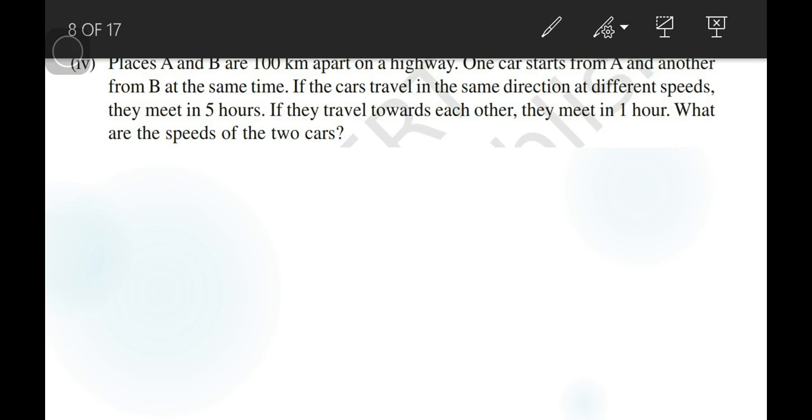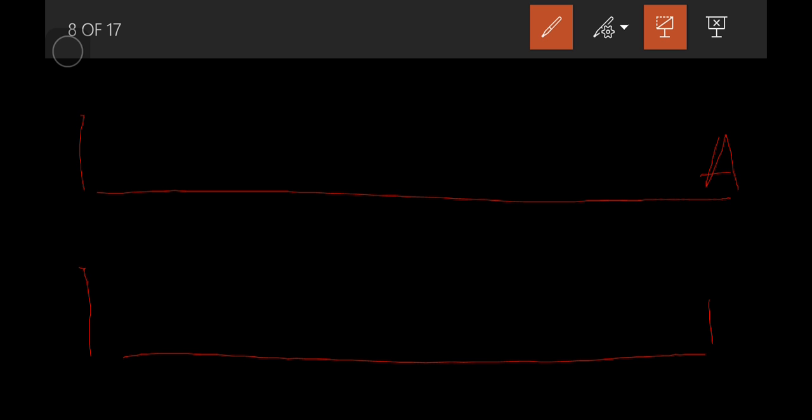So here is the given problem. It is place A and it is place B. Now one car is car A, and it is car B. Now they both start at the same time, at t equal to 0.